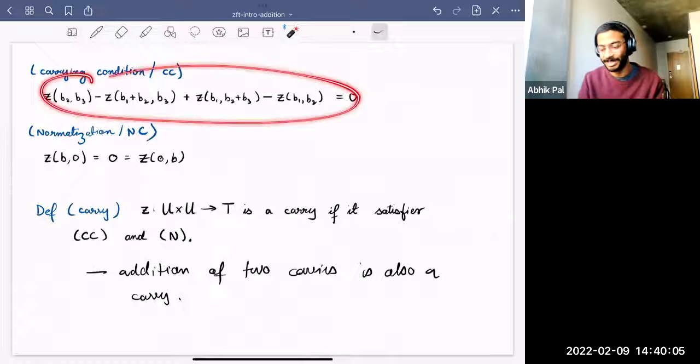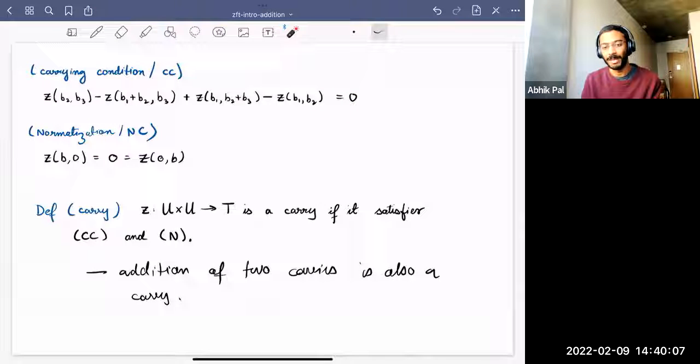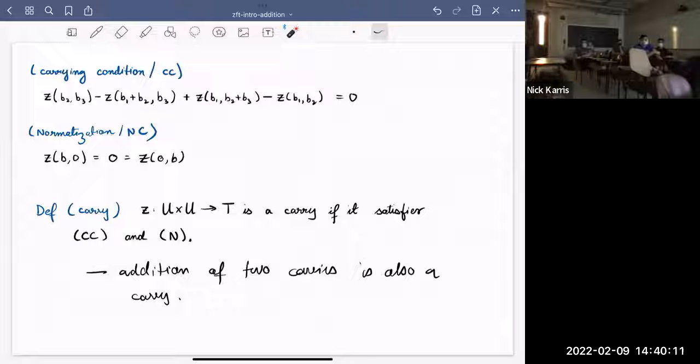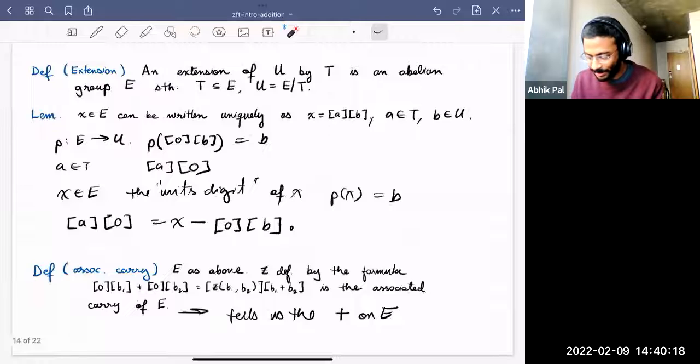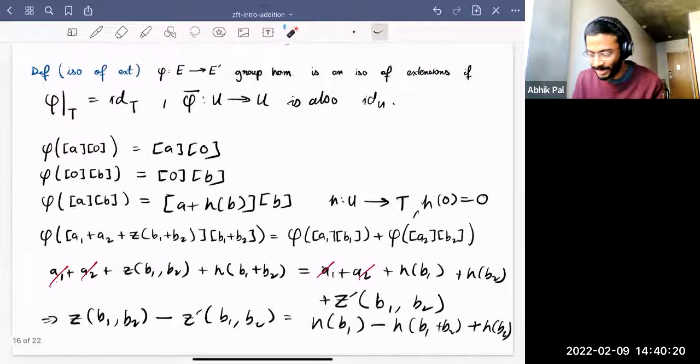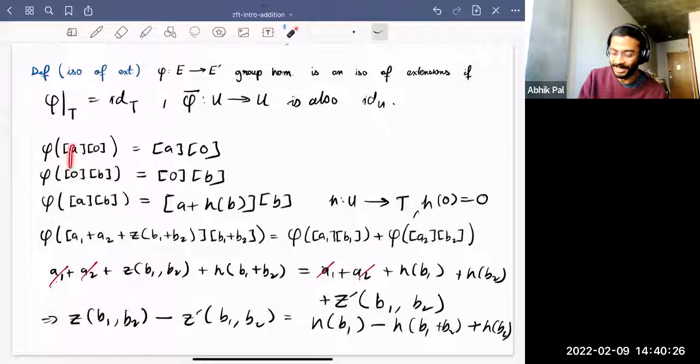If you just had this condition, it's not immediate that you'll have an identity in that group. You also have a normalization condition for H. Right, but the normalization condition for H, we got in a backwards way, because we wanted this phi to be an isomorphism, and therefore it should restrict to the identity on both of these, and that forces H of 0 to be 0.